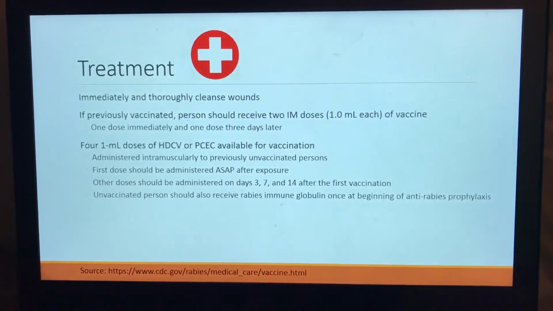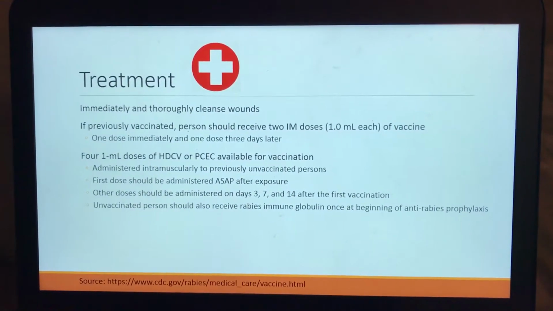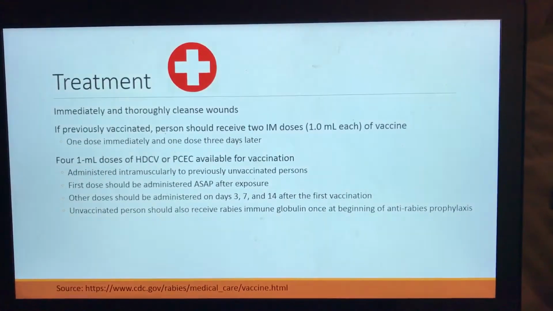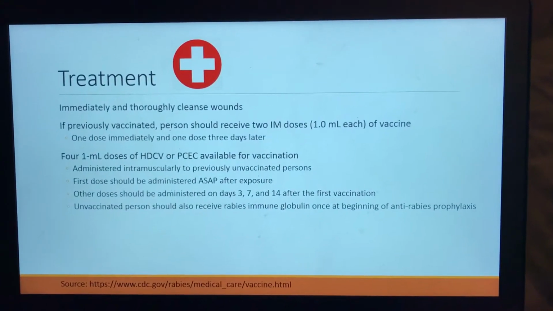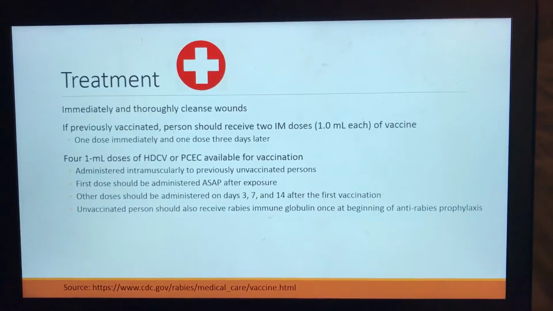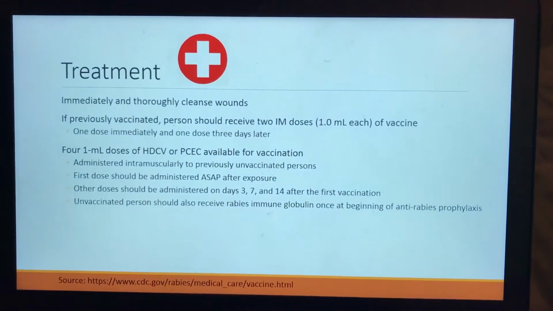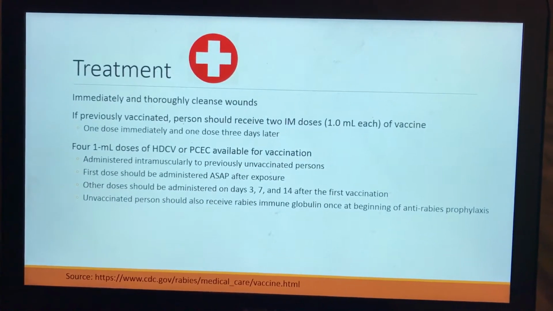The other doses would be administered on days 3, 7, and 14 after the first vaccine was administered. And the unvaccinated person should also receive rabies immune globulin once at the beginning of the anti-rabies prophylaxis. And this would not be the same for a person who has been previously vaccinated.